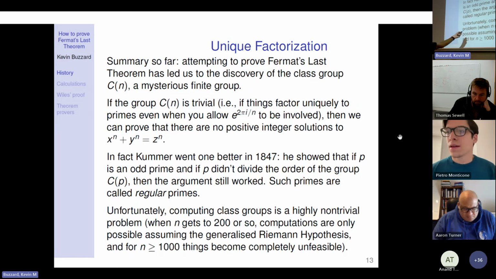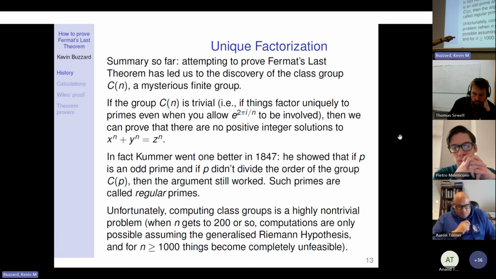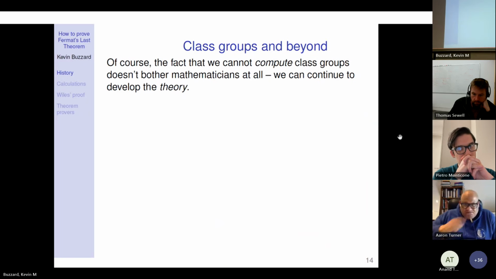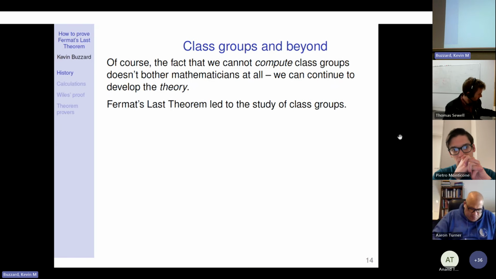So you can work out these groups, but only if you start assuming these incredibly profound conjectures like the generalized Riemann hypothesis. I don't think we know the order of the group C_n for any n bigger than 1,000. So we can't compute these things. But of course, if you're a mathematician, you're not remotely worried about that. You can still develop theory. It's just you might not have any concrete applications.